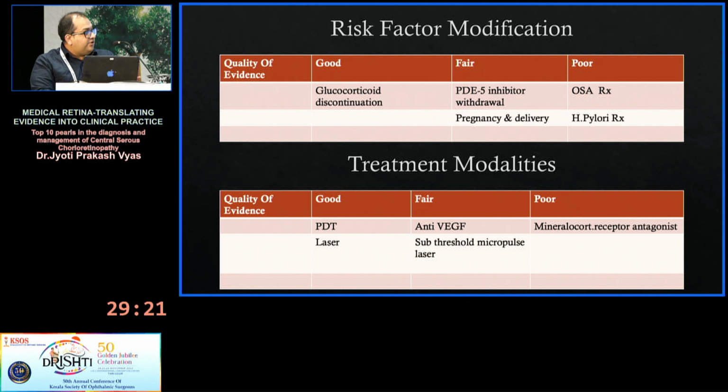As opposed to diabetic retinopathy, obstructive sleep apnea does not actually have a significant effect in management of CSCR. Among the treatment modalities which have been there for many years, only PDT and focal laser have a good quality of evidence. Anti-VEGF and subthreshold micropulse only stand at a fair quality of evidence, whereas the much fabled mineralocorticoid receptor antagonists do not enjoy that level of evidence.